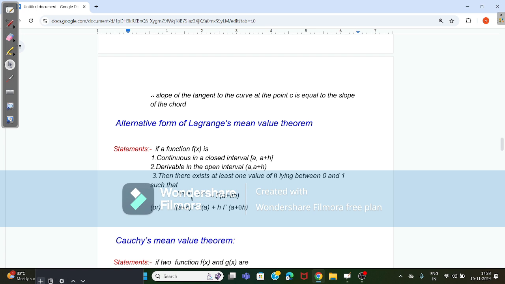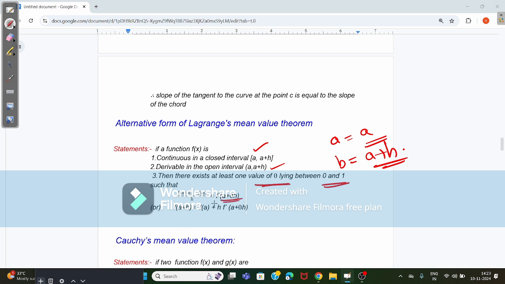Now this is the alternate form of Lagrange's mean value theorem. In the alternate form, in the place of a you put a, and in the place of b you put a plus h. If a function f of x is continuous in the closed interval a to a plus h, derivable in the open interval a to a plus h, then there exists at least one value of theta, lying between 0 and 1, such that f of a plus h minus f of a by h is equal to f dash of a plus theta h.